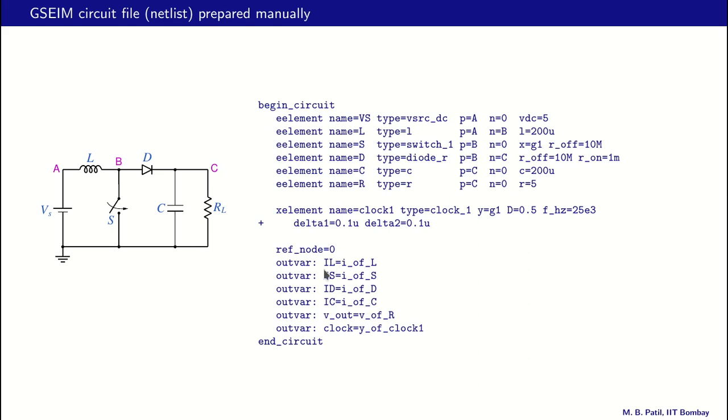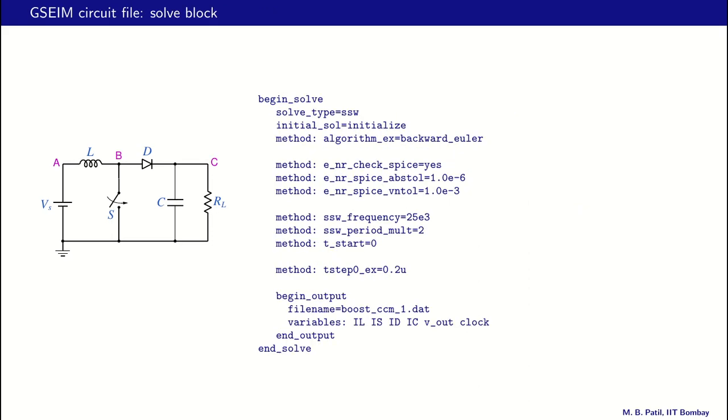Now if there are two inductors in the circuit, for example, and we have named those, let's say L1 and L2, we could have defined two output variables, IL1 to be I of L1 and IL2 to be I of L2. So there is a lot of flexibility in defining these output variables, and it all depends on what we want to see in the plots once the circuit simulator is executed.